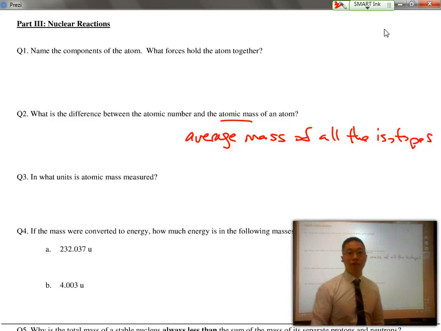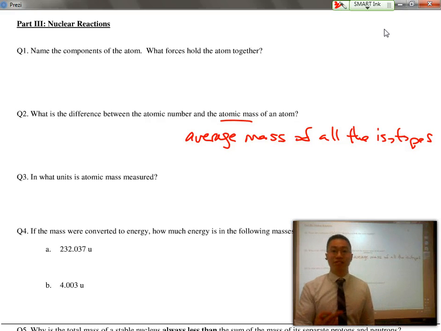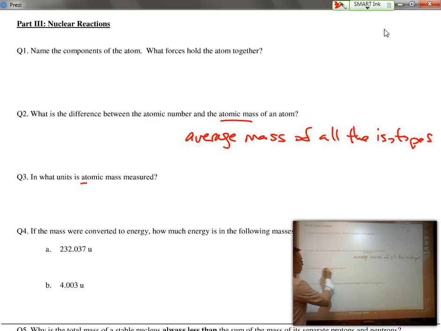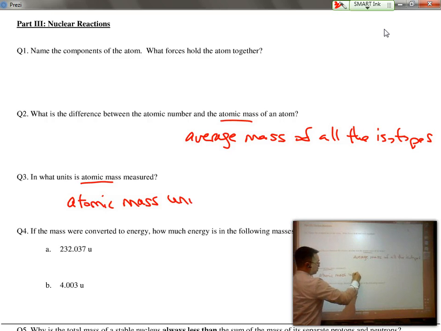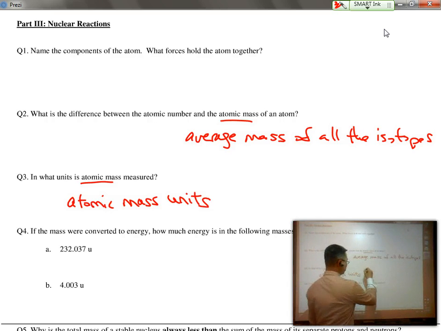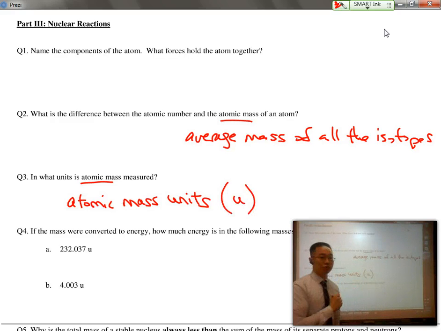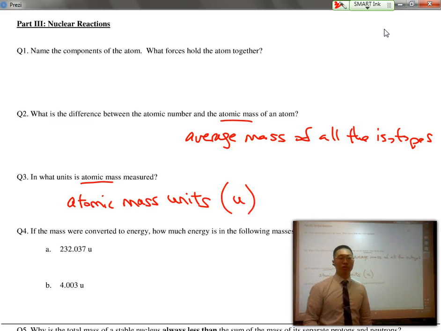And yes, the number often appears to be very close to a mass number, but it's never exactly the same. That's because we're actually measuring the atomic mass, and the unit that you guys are using in chemistry is atomic mass units. So AMU is what you use in chemistry, but we're going to use U to represent our mass.